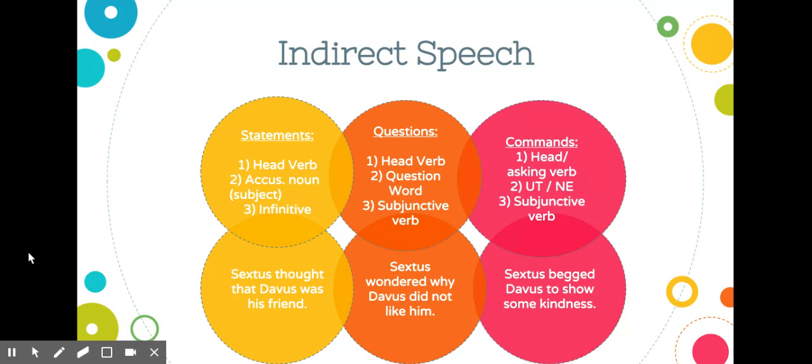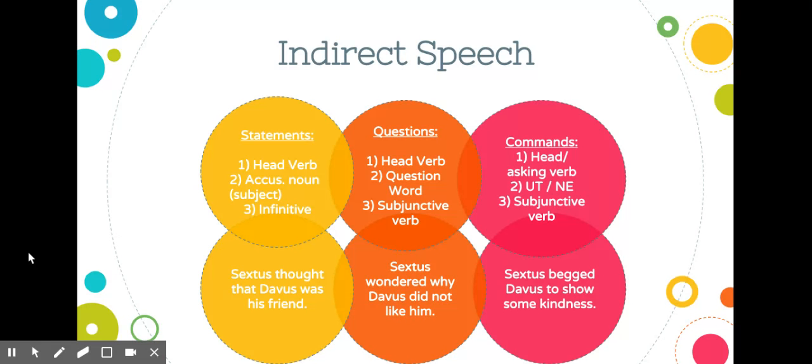An indirect question starts with a head verb, has a question word, and then a subjunctive verb. Sextus wondered why Davus did not like him. Commands have a head verb or an asking verb, an ut or a ne, and then a subjunctive verb. Sextus begged Davus to show him some kindness.